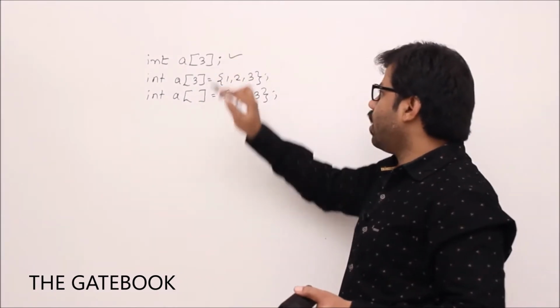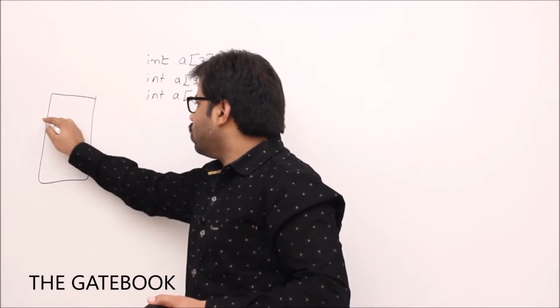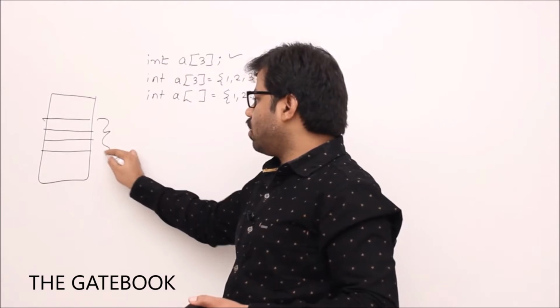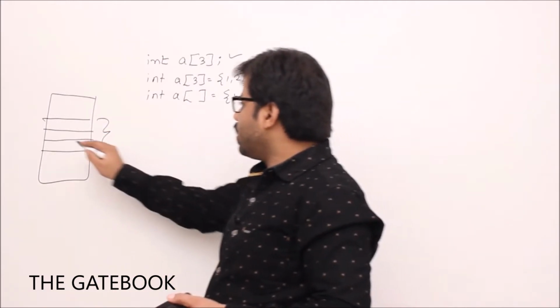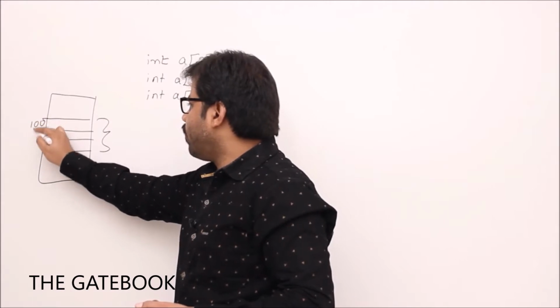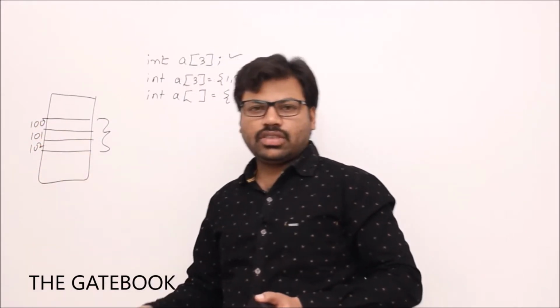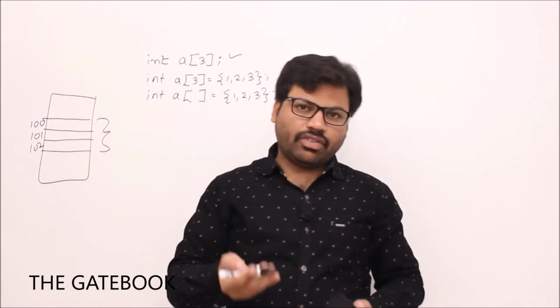When you do this one, in main memory some memory will be allocated for you, especially contiguous, otherwise consecutive. Example, let's say your compiler identifies memory like this: 100, 101, 102. These are all the memory numbers. Then these three memory locations will be given to you.